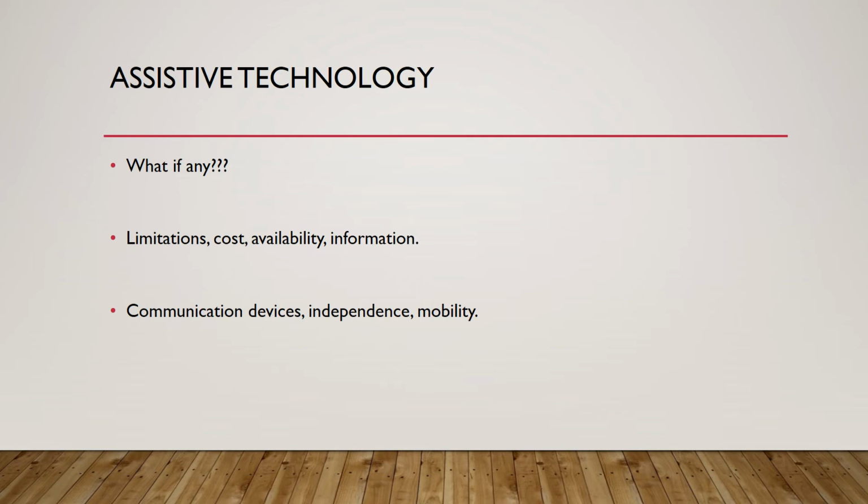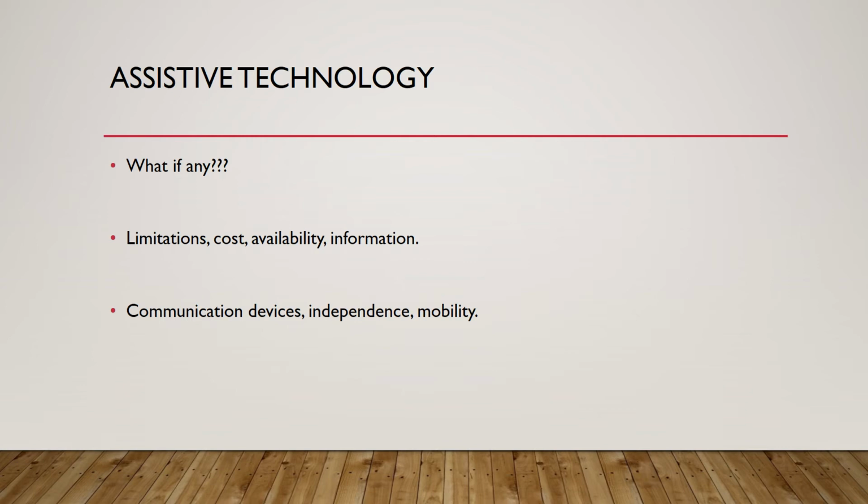And not only that, but the majority of the students that I service come from a low-income family with multiple children in the family, so their parents can't even give this assistive technology to them because the cost is a huge limitation. Availability, where we live, this assistive technology isn't available where we're at. We'd have to outsource and find somewhere we could get that information.